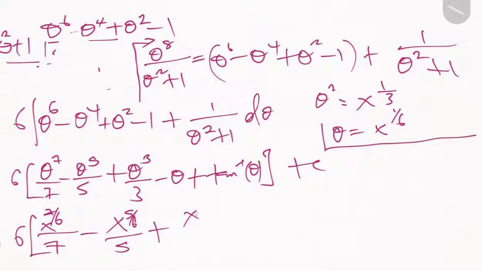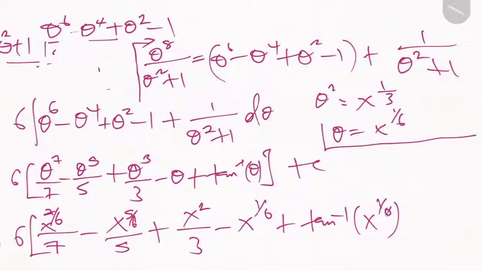Now there will be x raised to the power 3 over 6, which is just 2, then over 3. Then minus theta. What is theta? x raised to the power 1 over 6. Then plus tan inverse of theta, which is x raised to the power 1 over 6. And we have plus c. So this is the solution to the integral.